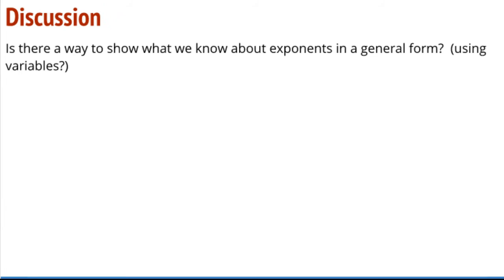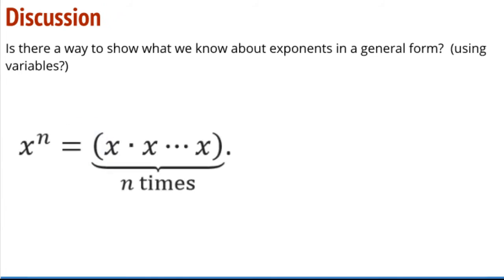So is there a way to show what we know about exponents in a general form? So in other words, using some variables. Well, yes, there is. So we have the base, x, and we are going to raise it to the n power. So we're going to multiply it that many times. And we show that using a little bit of dot, dot, dot stuff here.